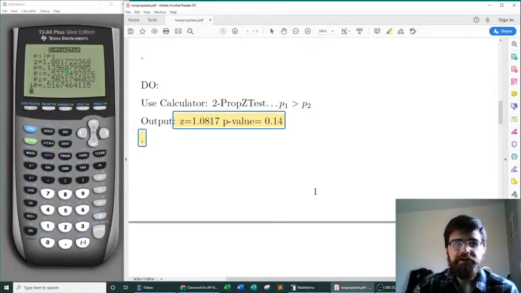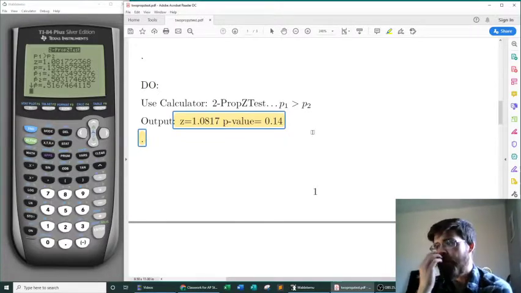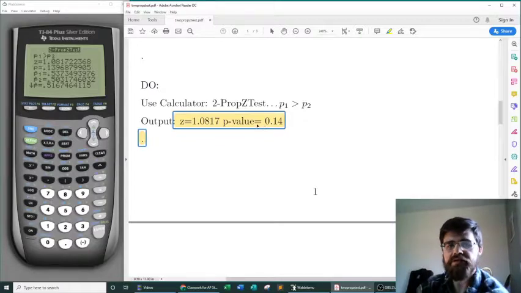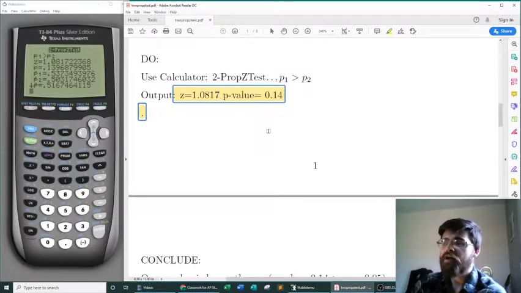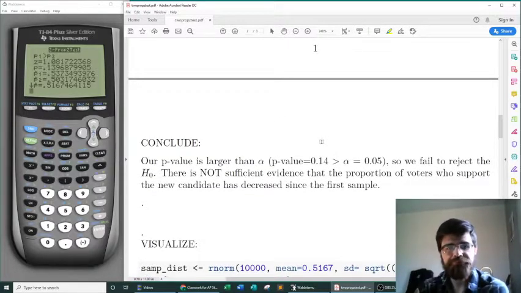Or 0.13968. So it's not super likely that that would happen, but it's not so unlikely that it's unheard of, right? A 15% chance is pretty low, but not quite low enough based on our significance level. So this is what our conclusion would look like.